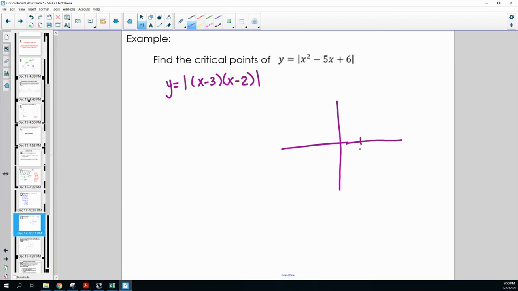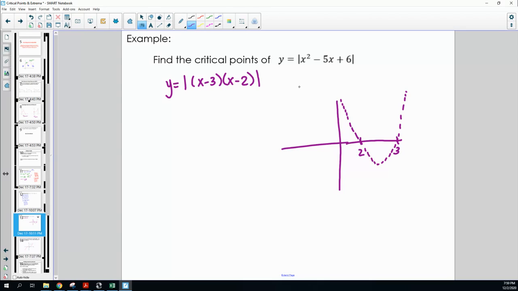So 2 and 3. Actually, let me just space this out better so it doesn't look so crazy. I'm just going to call this 2 here, and I'm going to call this 3 here so we can just see it. So when I'm graphing absolute value of a parabola, since it's absolute value, it has to be positive. So normally my parabola would look something like this, right? Because it's going to be opening up because the a value is positive, and it's going to cross at 2 and 3.